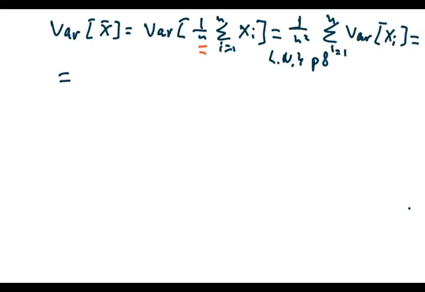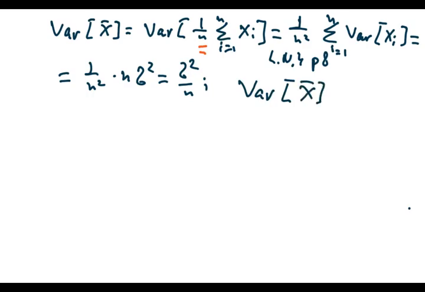So this will be 1 over n squared times n sigma squared, which equals sigma squared divided by n. So we got variance of sample mean equals sigma squared over n. Sigma squared is variance of x, and n is the size of our sample.